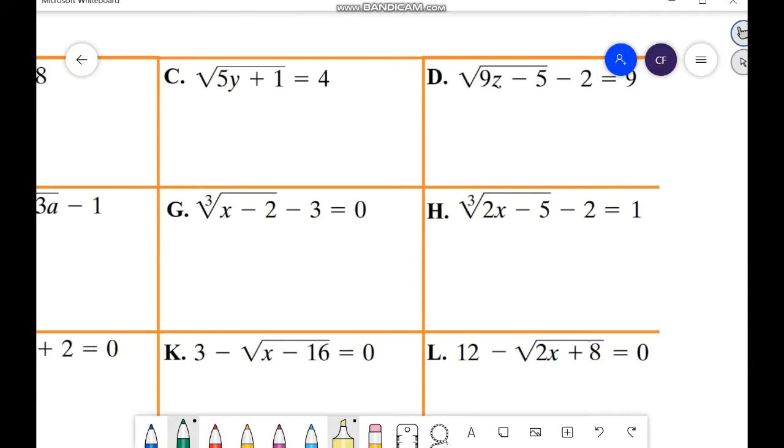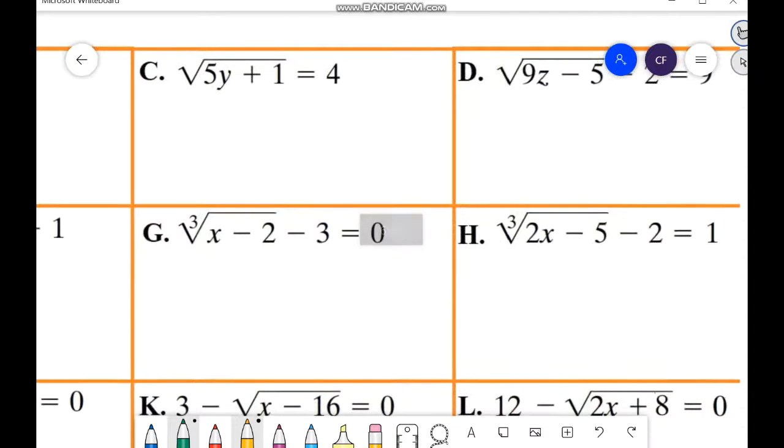On letter C, we don't need to isolate because the radical is already isolated on one side of the equation, right? So we can go straight to step number 2, which is squaring both sides to simplify this side, because you can simplify the square root with the square.